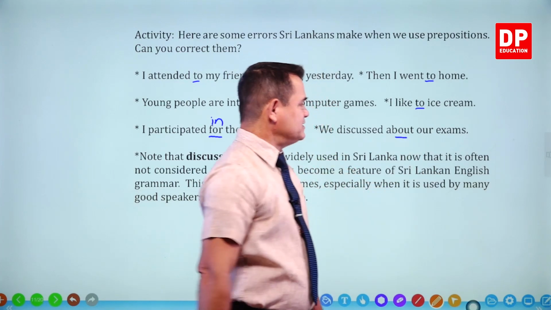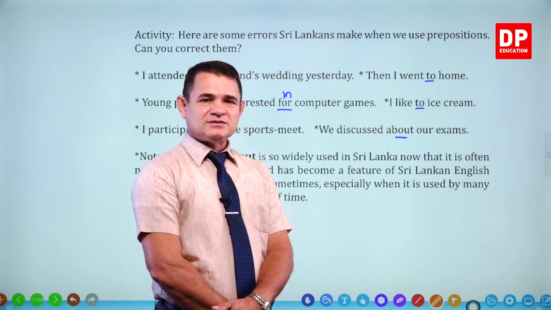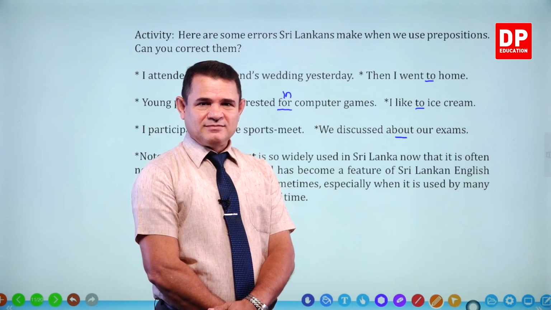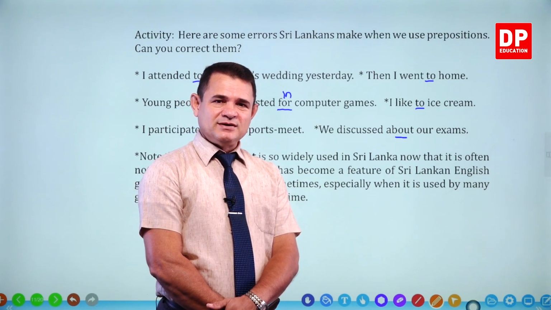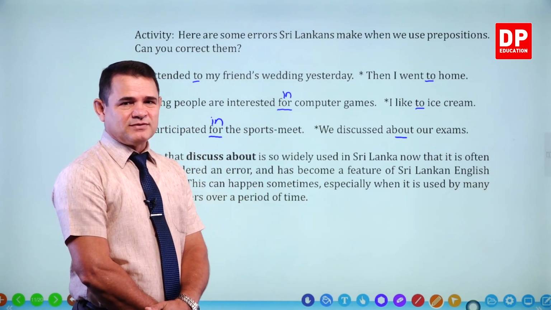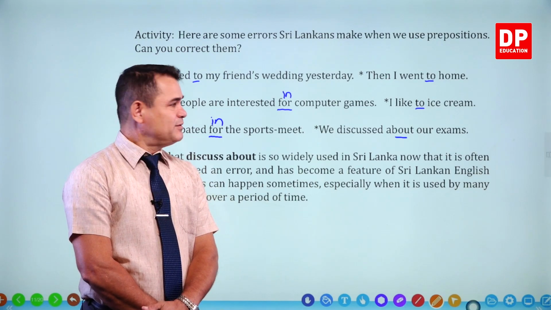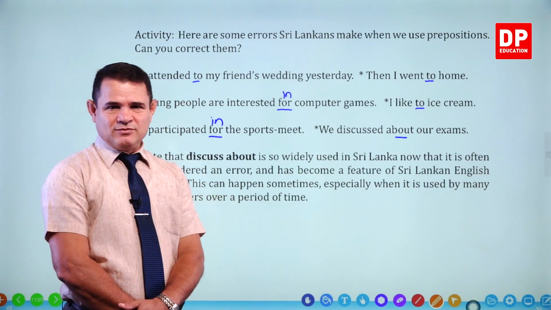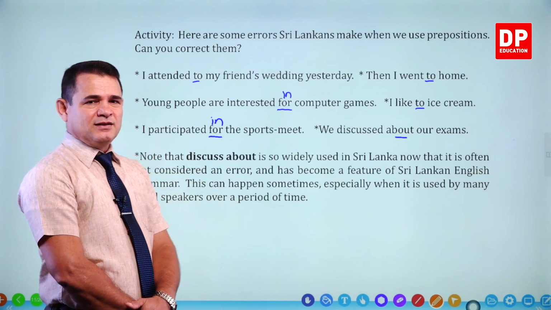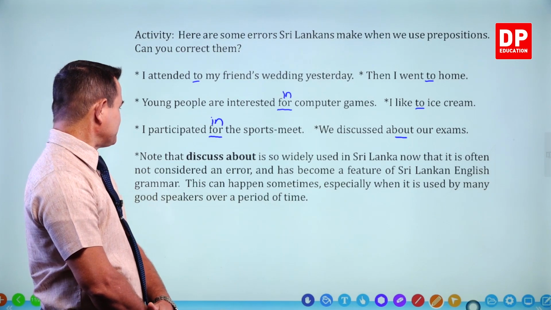You might say discussed about our exams, or else discussed on our exams. Right? So different uses. Sometimes we might use different words and give a different meaning. මේ වගේ පුංචි වැරදි වෙන්න පුළුවන්. අපි එතකොට නිවැරදි preposition එක භාවිතා කරන්න අපි ඉගෙන ගන්න ඕනේ.